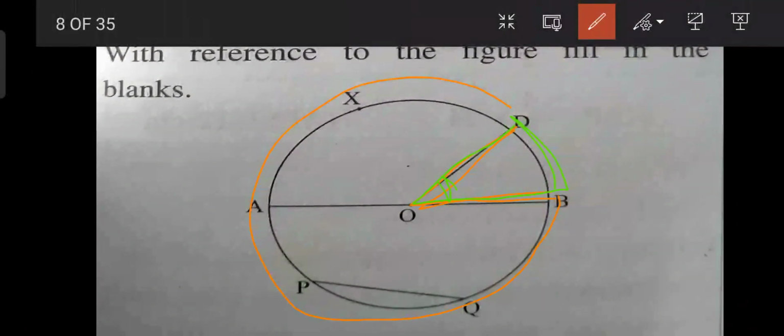If we remove this part, we get the remaining part. We can write 360 minus arc DB is equal to arc DAB, or the measure of the circle, 360 degrees, minus the measure of angle DOB is equal to arc DAB.